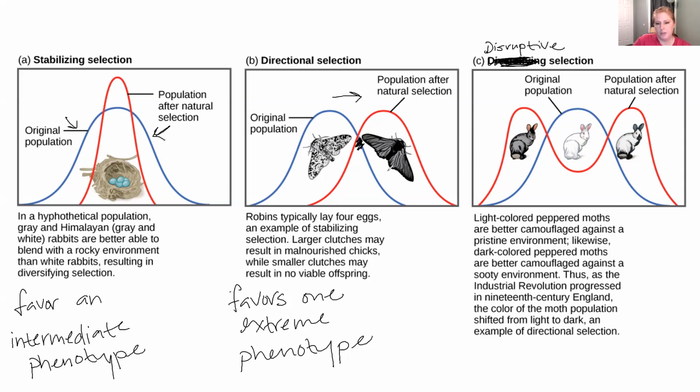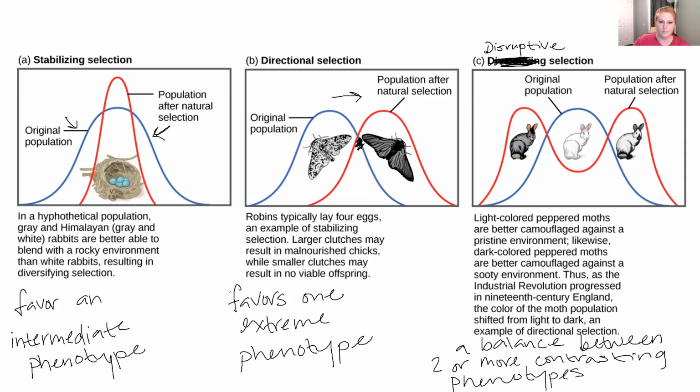Disruptive selection, the original population, as you can see, is kind of down the middle. But in disruptive selection, it chooses the extremes over the middle phenotypes, okay? So this is kind of like the balance between two or more contrasting phenotypes, right?